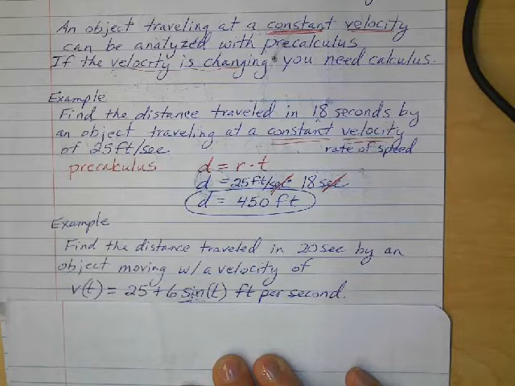This one says, find the distance traveled in 20 seconds by an object moving with a velocity of v of t equals 25 plus 6 sine t feet per second. So unlike the last one said constant velocity, this question, the velocity on this one is a function, and this function would be a changing value.